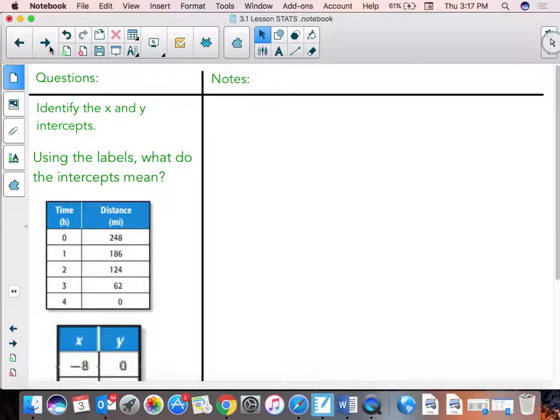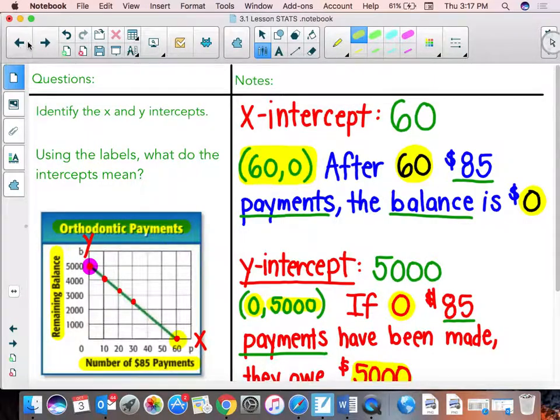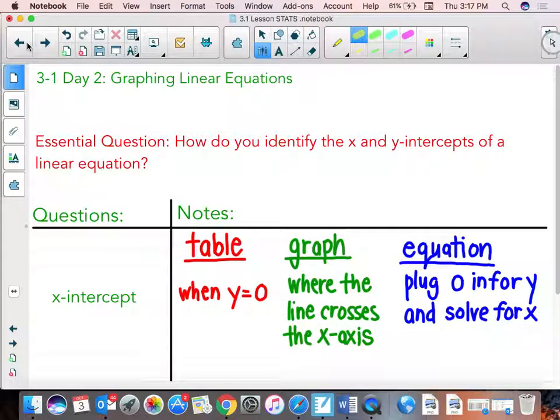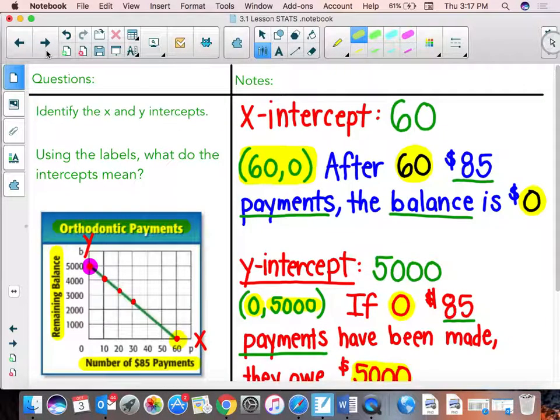All right, let's go to our intercepts with a table. So this first one talks about our time in hours and our distance in miles. If we go back to our vocab here, for a table, your x-intercept is when y equals 0, which if you look at this, our x-intercept, y was 0.